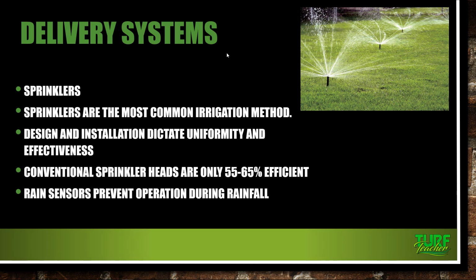But conventional sprinkler heads are only 55 to 65% efficient. And I know, guys, our manufacturers of irrigation products are working hard at making these a lot better, and it's only going to continue to get better. And then rain sensors prevent the operation during rainfall. And yes, they're required.